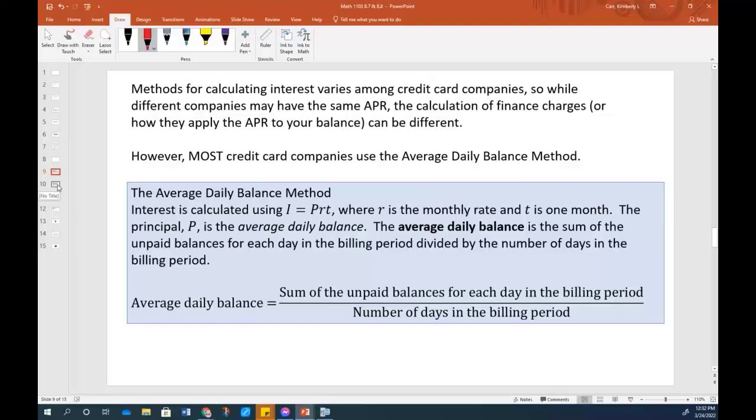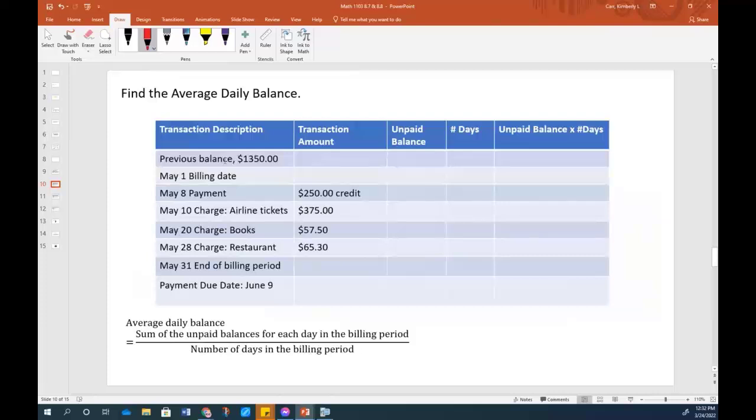And I will go through this in a little bit more detail in the next couple of slides. If we need to find the average daily balance, they will send a statement to you. A credit card company sends you a statement, and it tells you somewhere on there what your billing date is. It tells you what your previous balance is. And then it has all the details of whether or not your balance is going up and down.